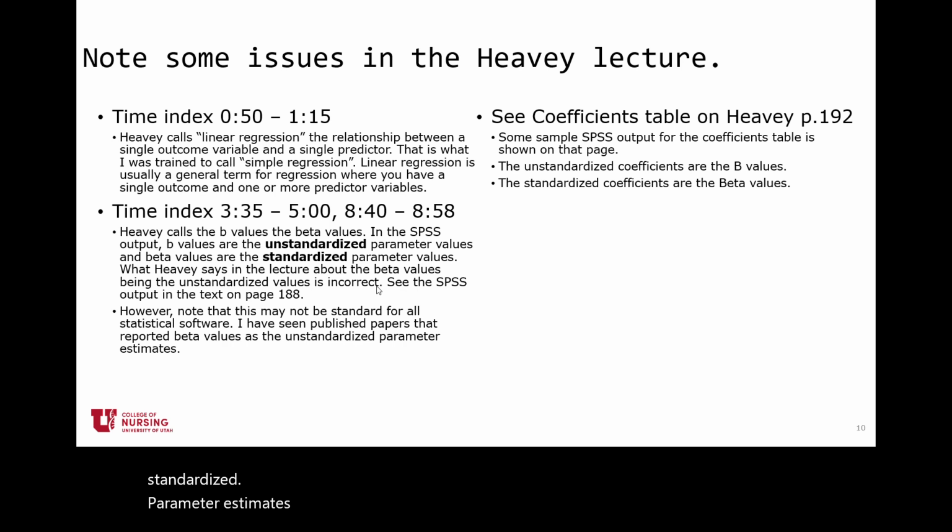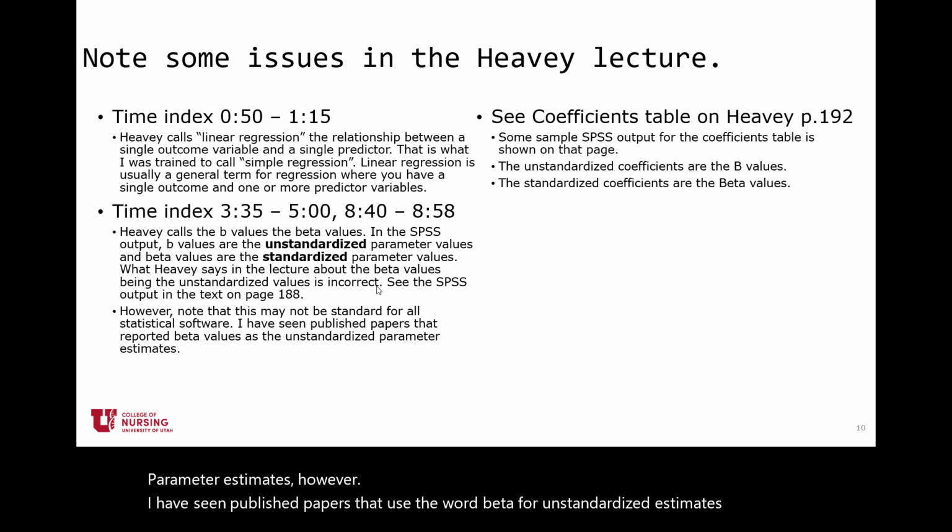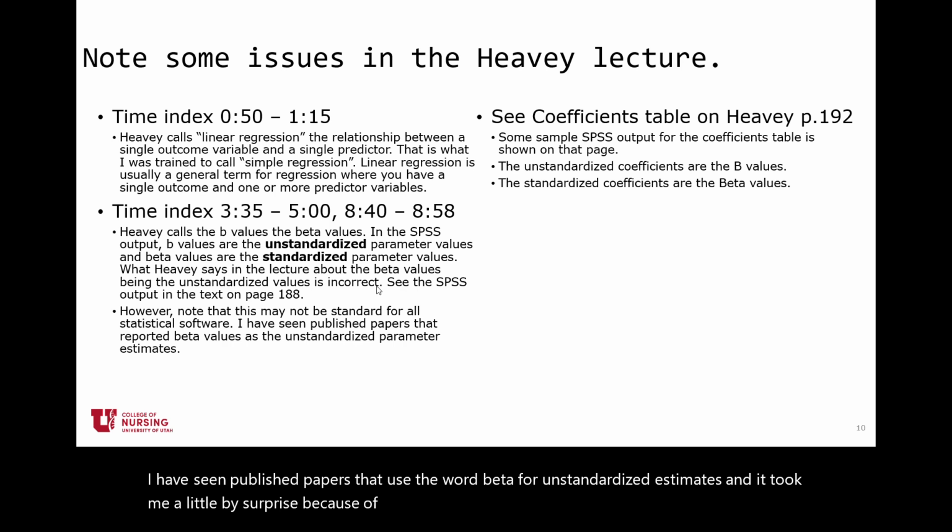However, I have seen published papers that use the word beta for unstandardized estimates. And it took me a little by surprise because I was trained using SPSS, and so I was used to the B's being the unstandardized estimates and the betas being the standardized estimates.